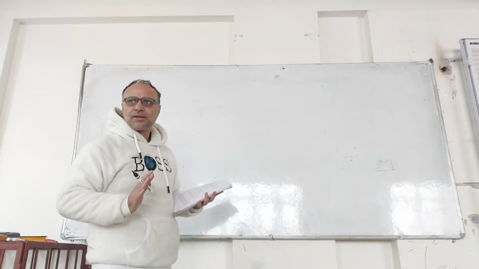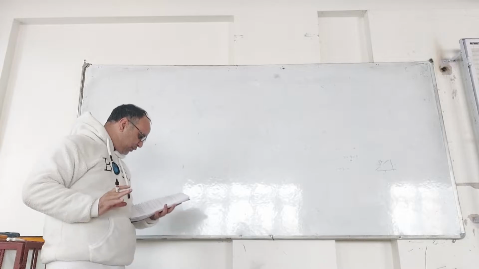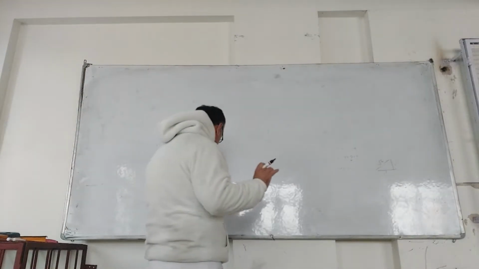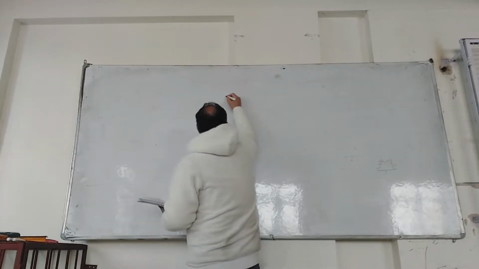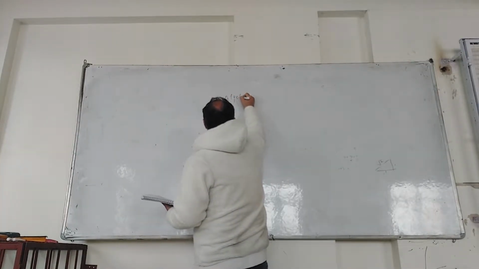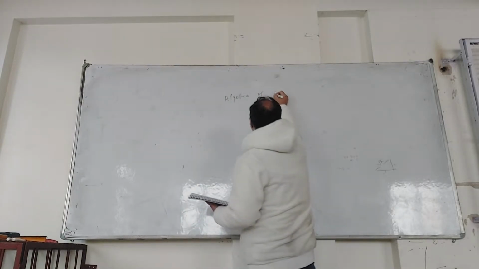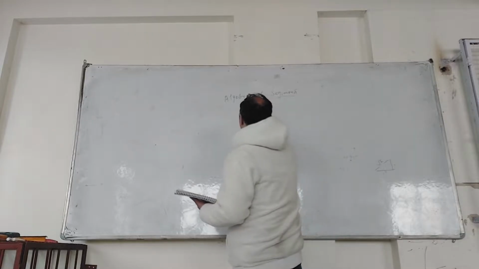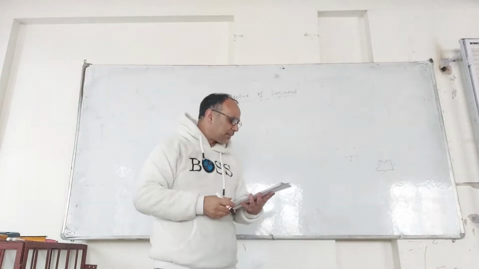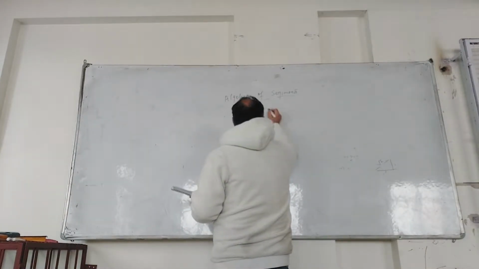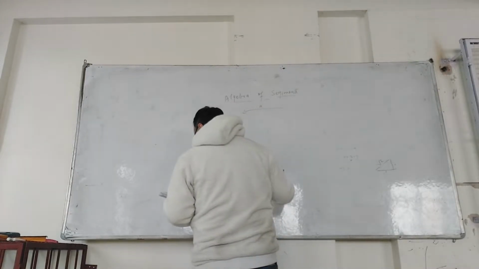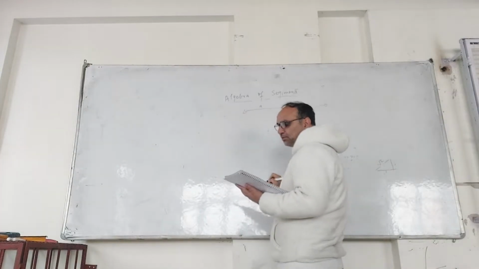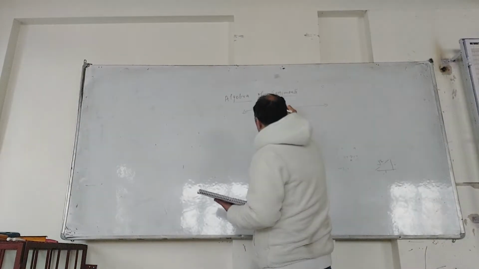So that understanding we are going to use, and how we are going to say, for example, an algebra made of 3 points.